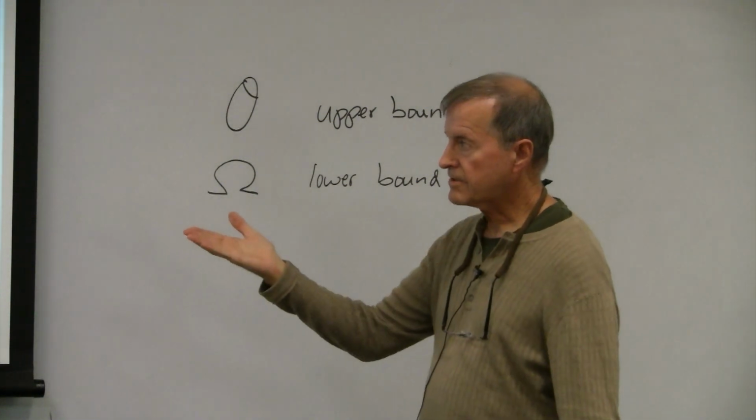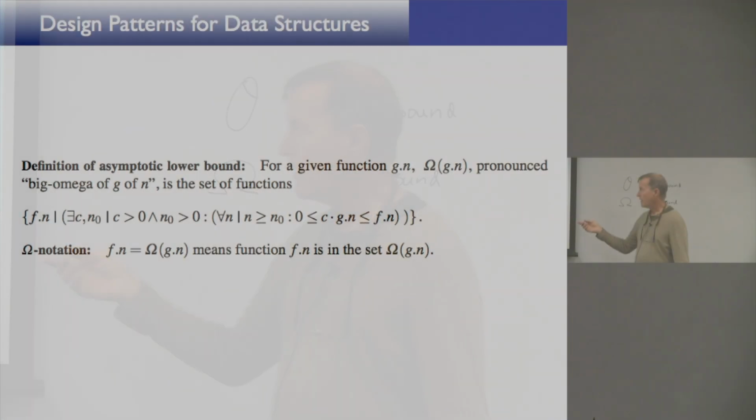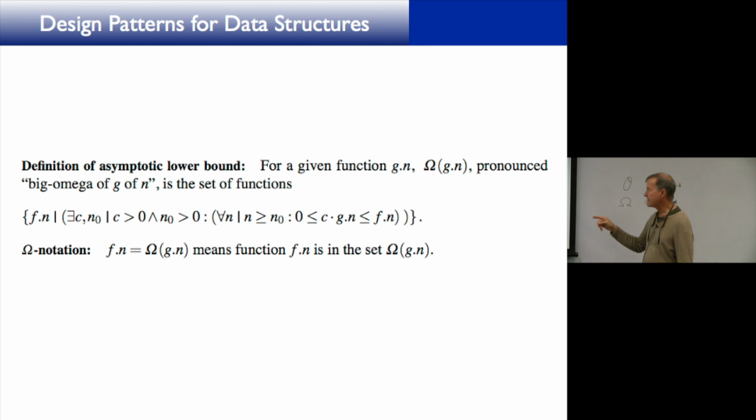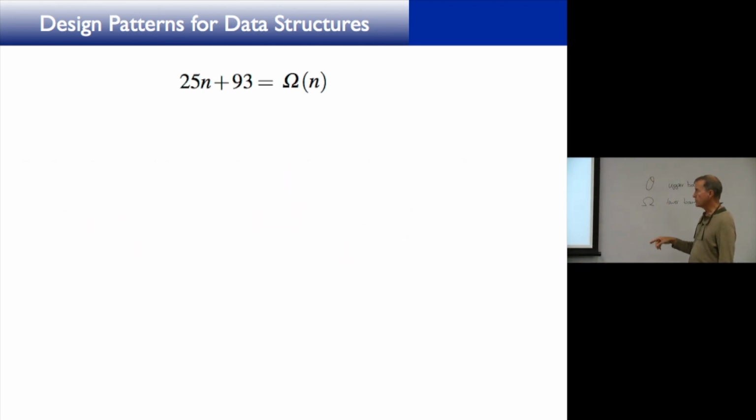And again, it's a set of functions, but the only difference is, what did we have before? We had f of n is less than or equal to c times g of n. This time the order is switched.